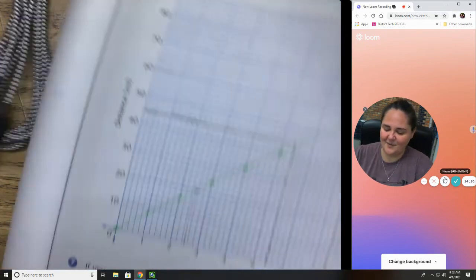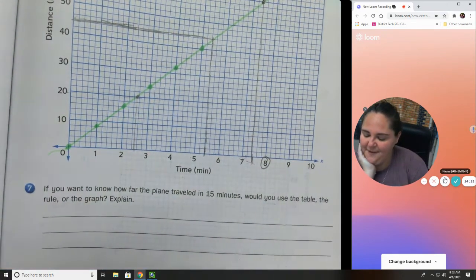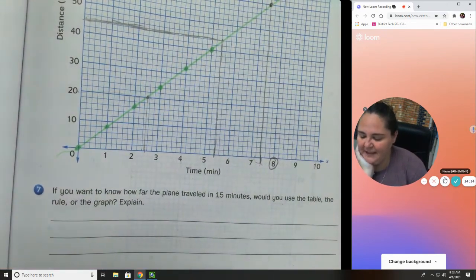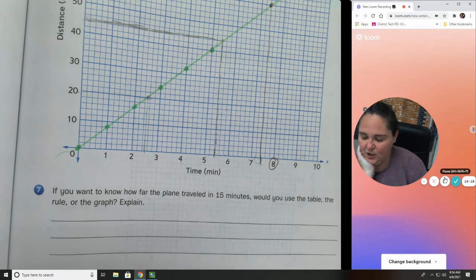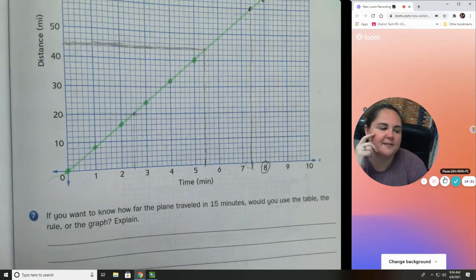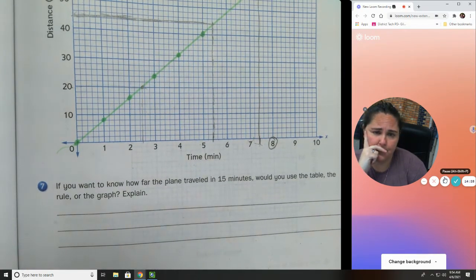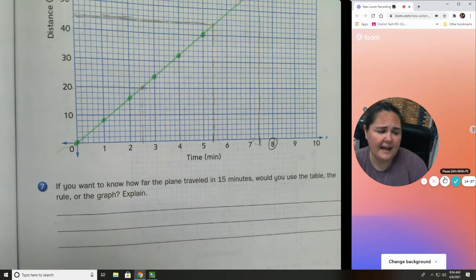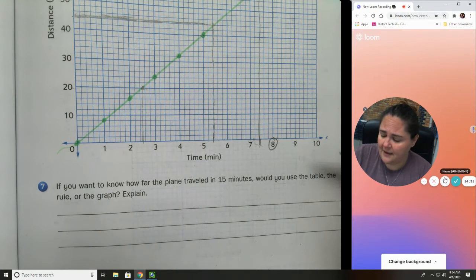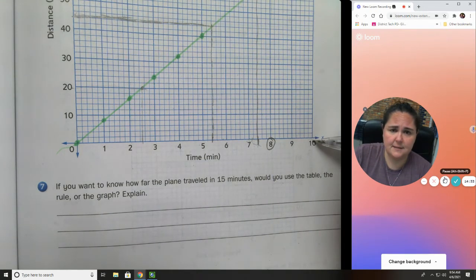All right, awesome job. Number 7, it says, if you want to know how far the plane traveled in 15 minutes, would you use the table rule or the graph, and why? Well, I can't use the graph because my graph only shows to 10 minutes, right?